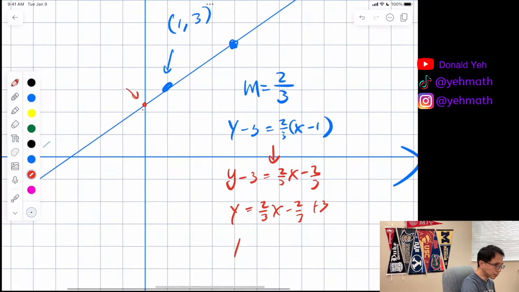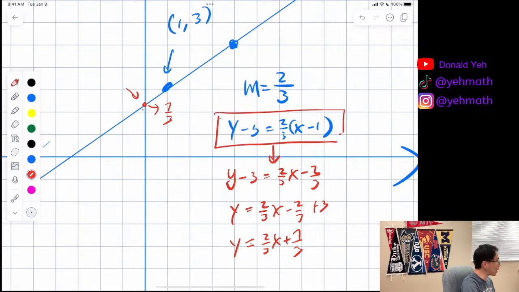Then you can know what that y-intercept is. I think it's 7/3. Normally you will not find out the y-intercept if you just look at the graph. So this equation is the best way to dominate everything.